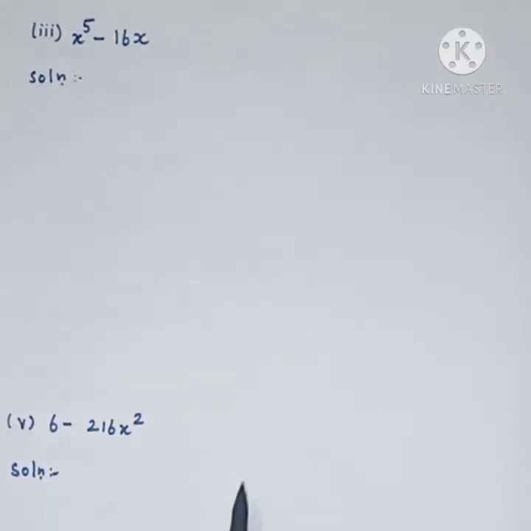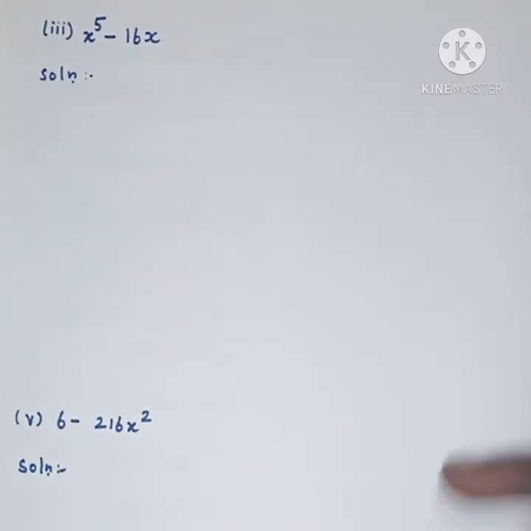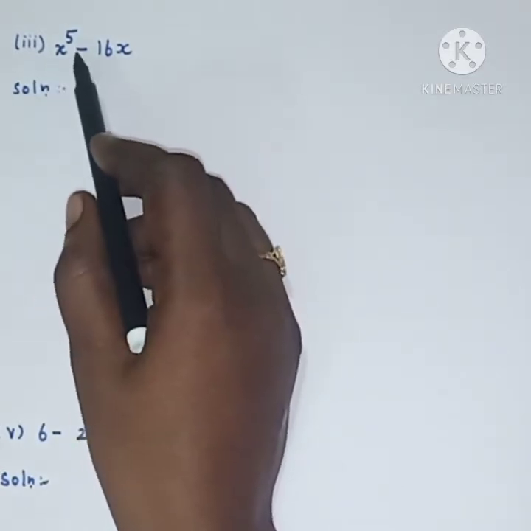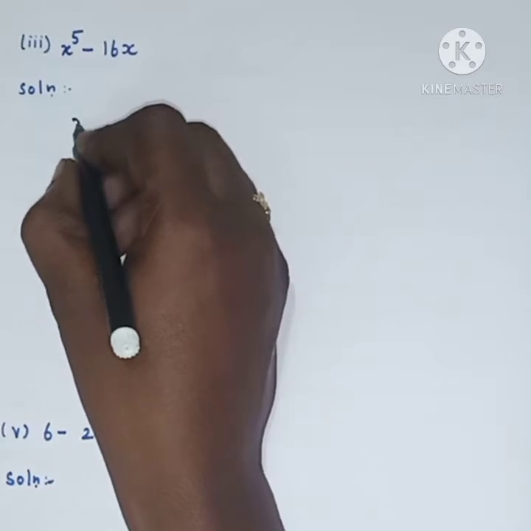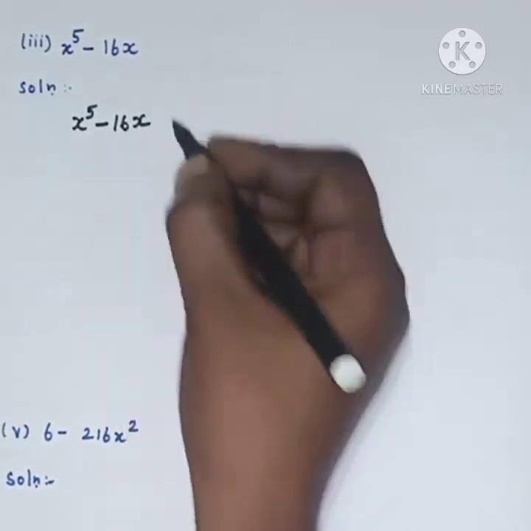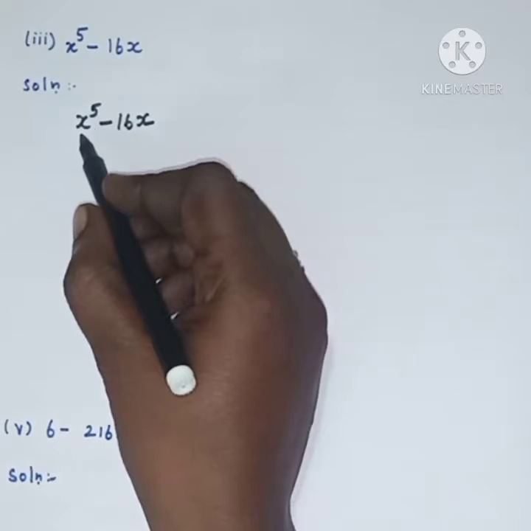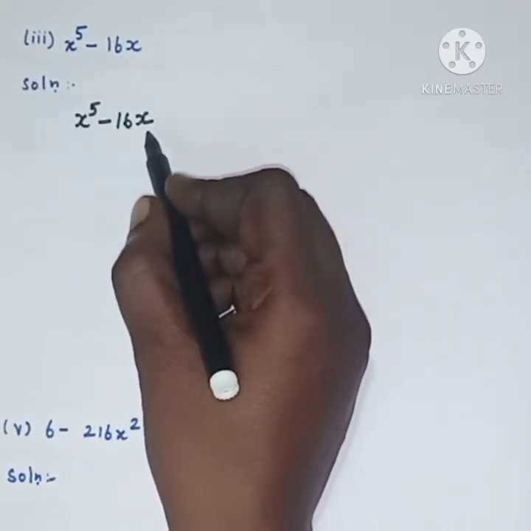Next is second sum, third subdivision. Factorize x power 5 minus 16x. The solution: here in this expression we have two terms. The first term is x power 5 and the second term is 16x.